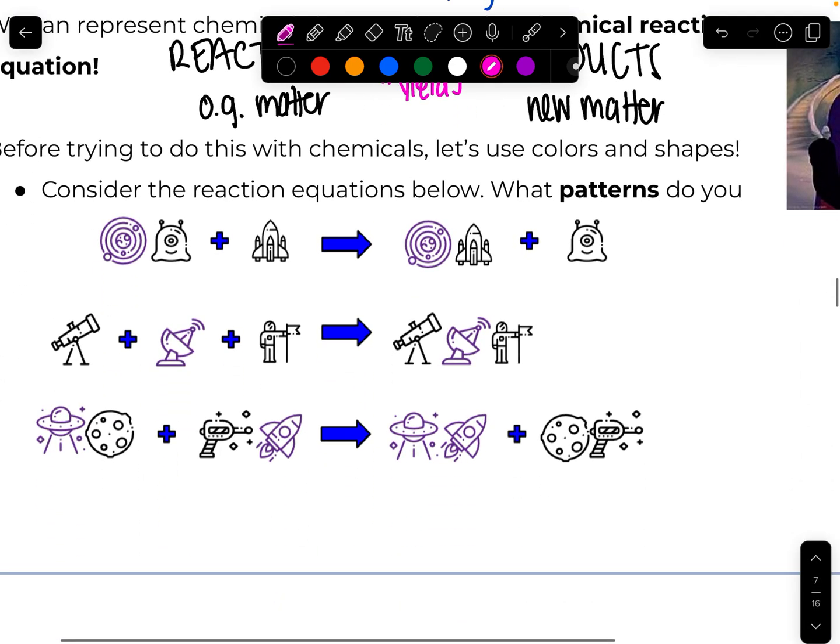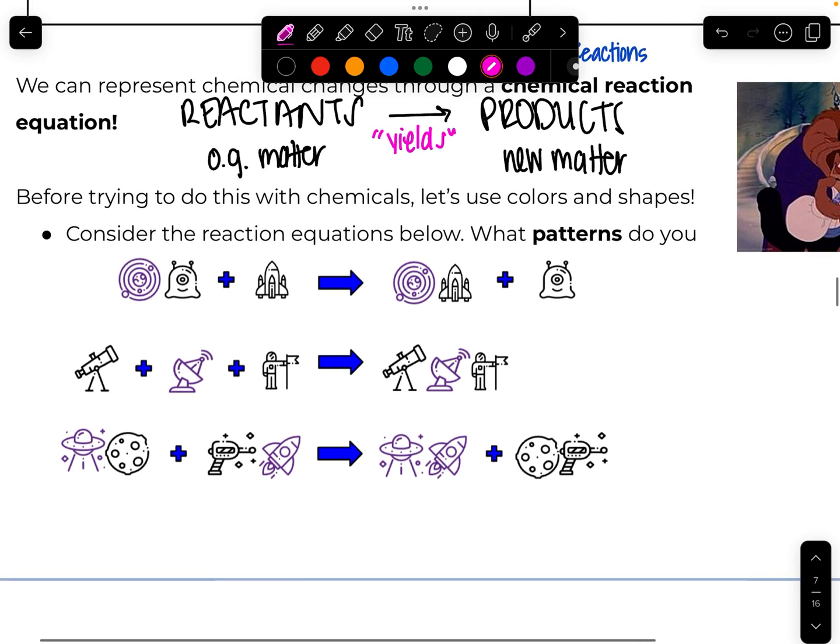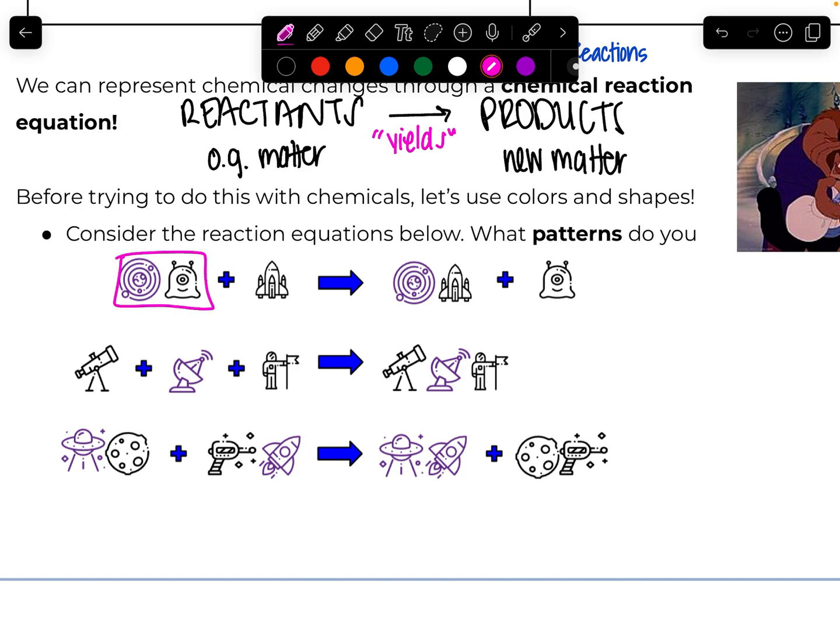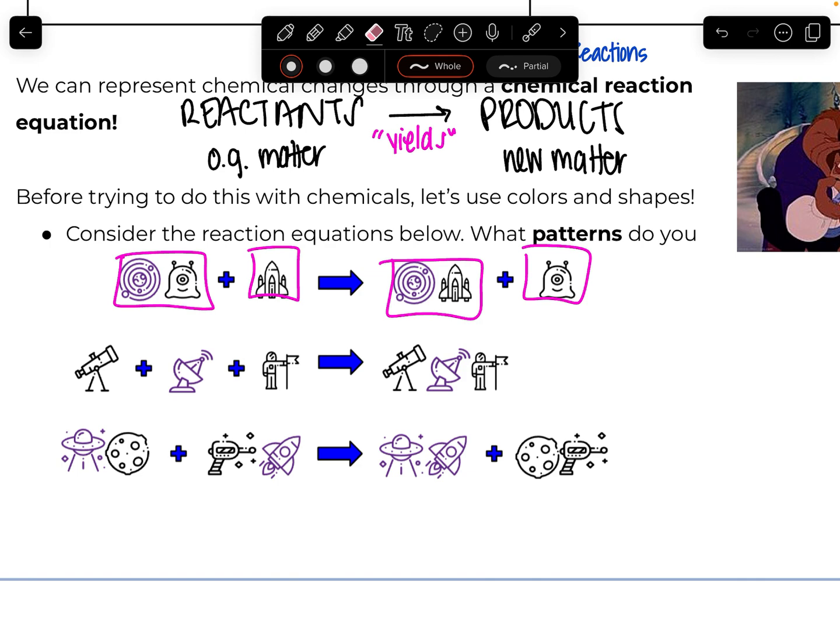So here's what I want you to do with these. Take a look at these three reaction equations. Before we can jump into chemicals, we're going to use shapes to keep things easy. This thing right here would be my reactants. This thing here and this thing here would be my products. What I want you to do is pause the video and talk with your table group.